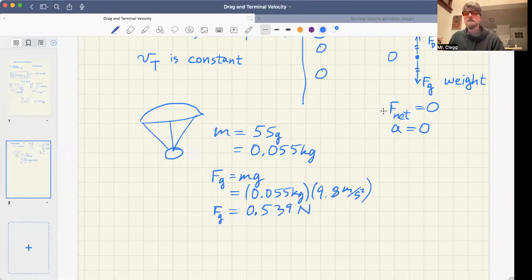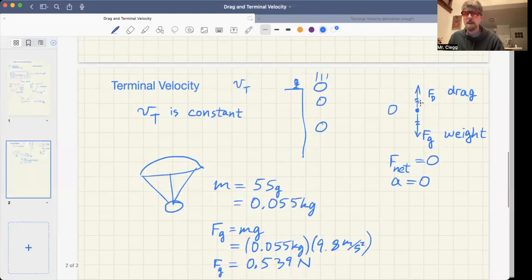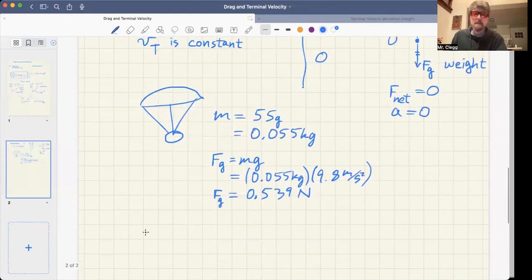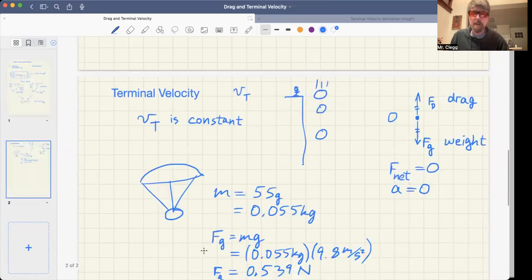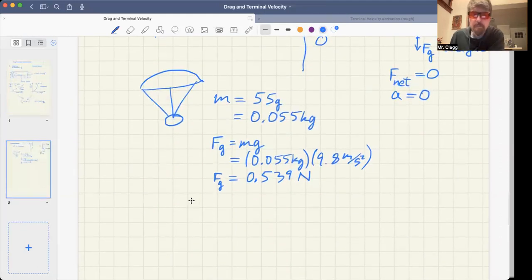Okay, so that's the weight. Now the cool thing is, when we're at terminal velocity, the weight and the drag force are actually the same. So I can rewrite this equation in a slightly different way. Since Fg equals Fd at the terminal velocity, then I can rewrite it like this: Fg equals K a Vt squared.